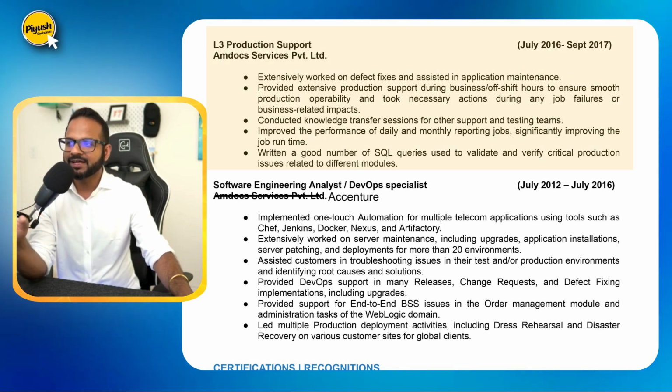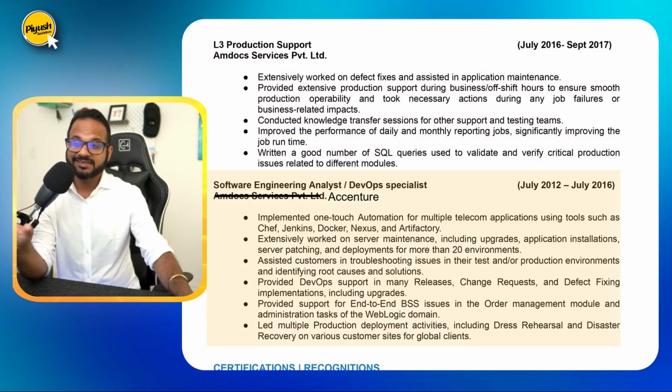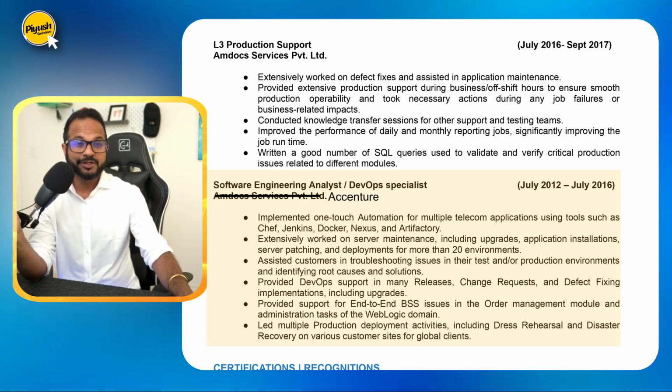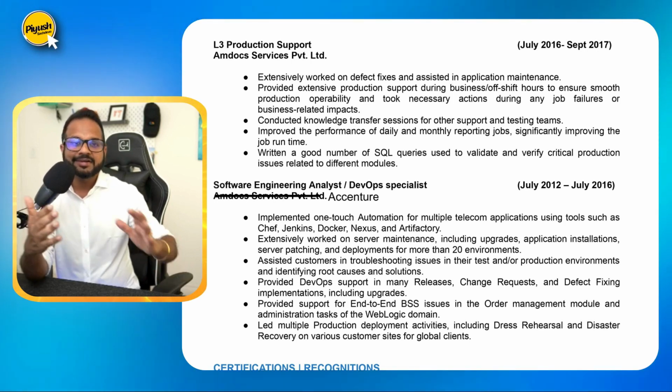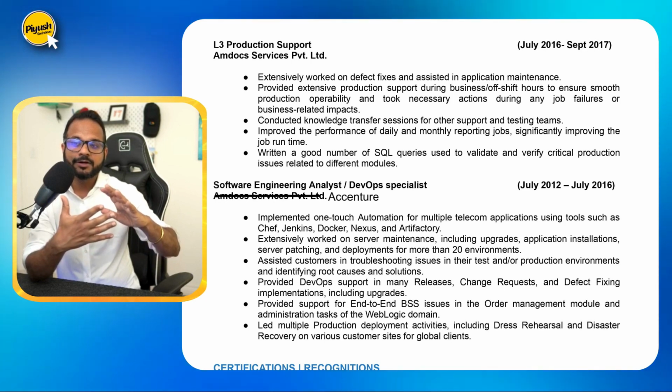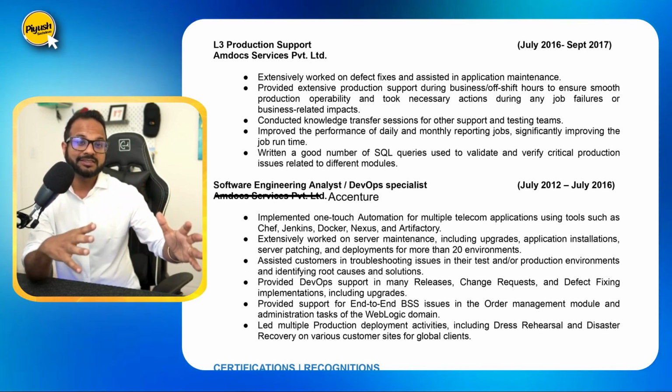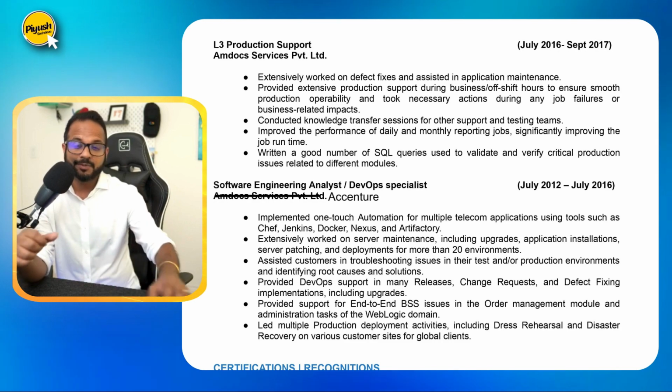And then before that, software engineering analyst. It was more of a production support role, but this is what the role used to be called, and it was partially a DevOps role as well. So again, I highlighted all the things, and I have excluded the particular products or services that are not relevant to the job that I'm applying to.